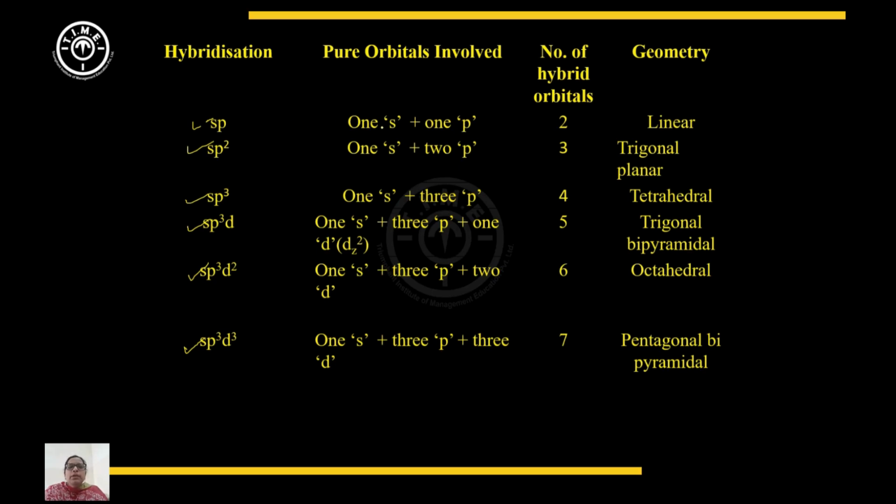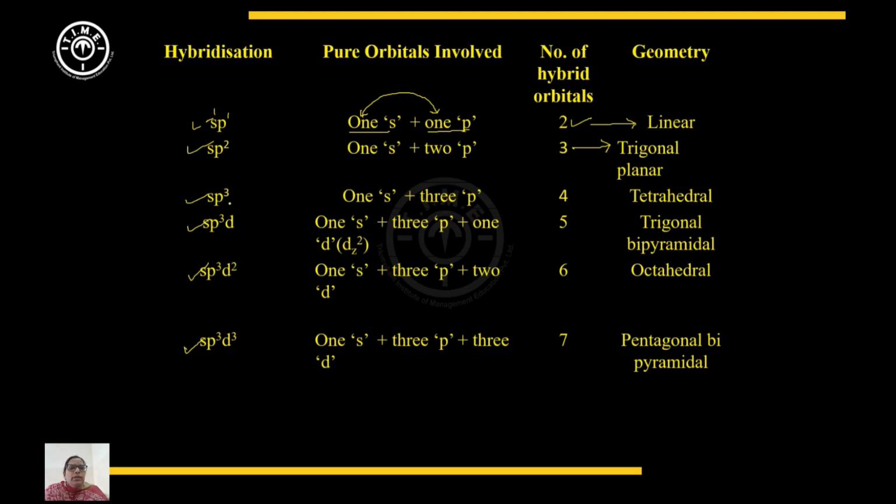In the case of sp, it is the intermixing of one s orbital with one p orbital, forming two hybrid orbitals, 1 plus 1 is 2, and the name of the hybridization is sp, s power of 1, p power of 1. In the case of sp2, it is the intermixing of one s orbital with two p orbitals, s power of 1, p power of 2. So it is called sp2 hybridization, and this leads to trigonal planar geometry. In the case of sp, it is a linear geometry.